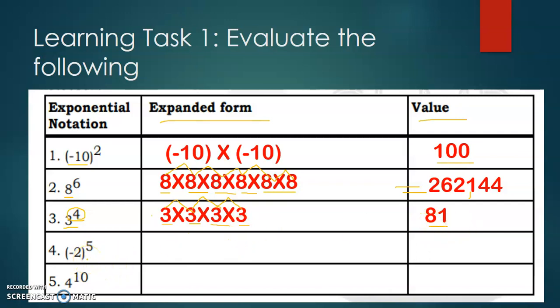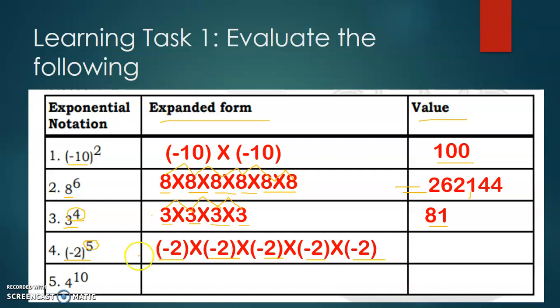Ito naman, negative 2 to the power of 5. Ibig sabihin, ang negative 2, imumultiply natin ng 5 paulit-ulit. So, negative 2 lahat yan. 1, 2, 3, 4, 5. 5 negative 2 dahil ang exponent natin ay 5.